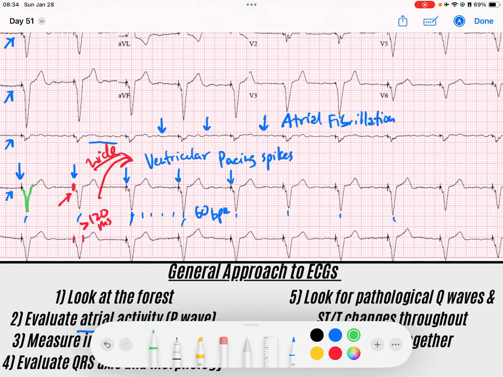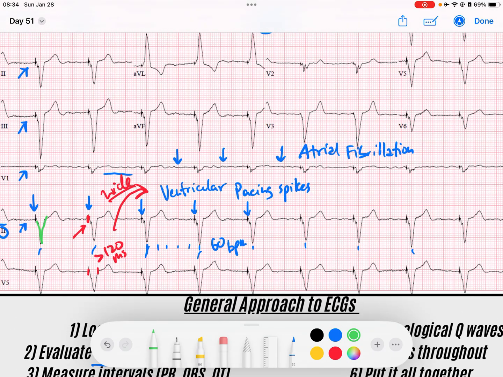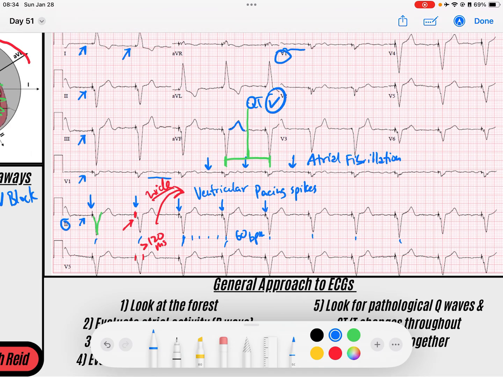For our QT interval, what I like to do is take an R to R, or QRS to QRS interval here. And midway on that interval, we should see that the T wave is done by then, and it is. And so we'd say that our QT at this point is good. That's just eyeballing it.